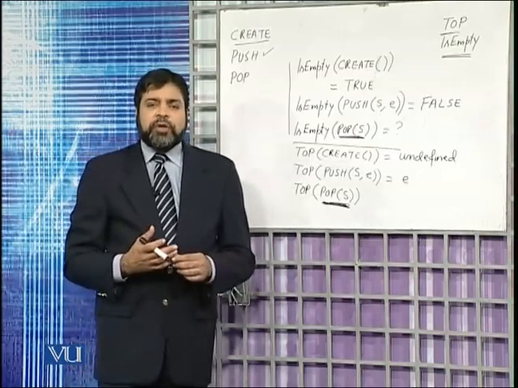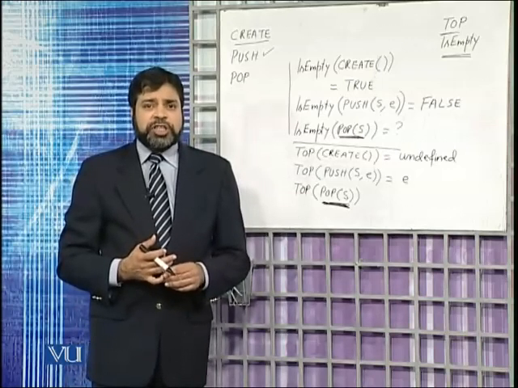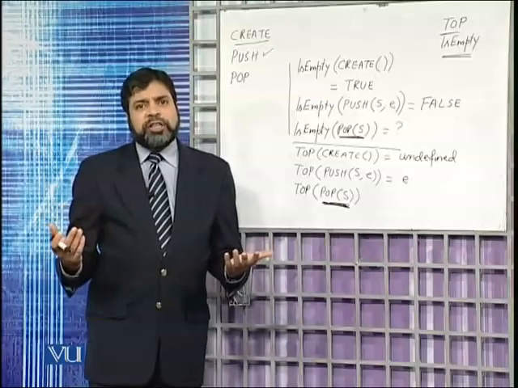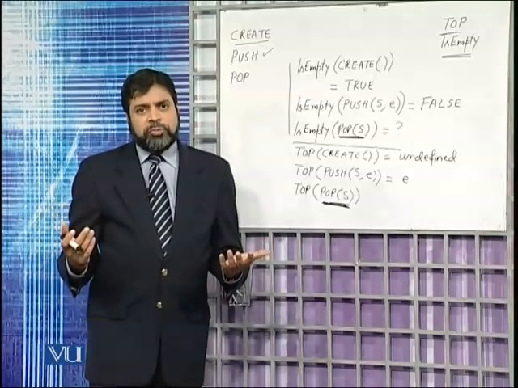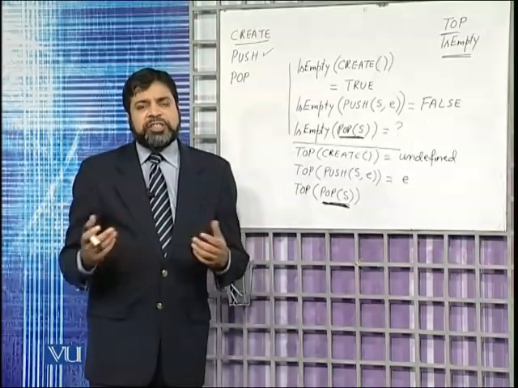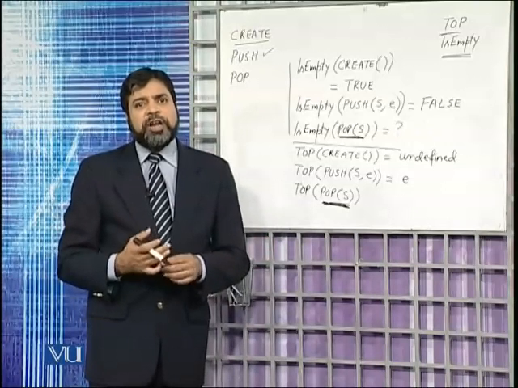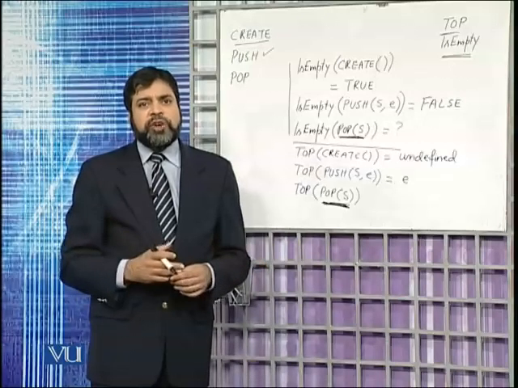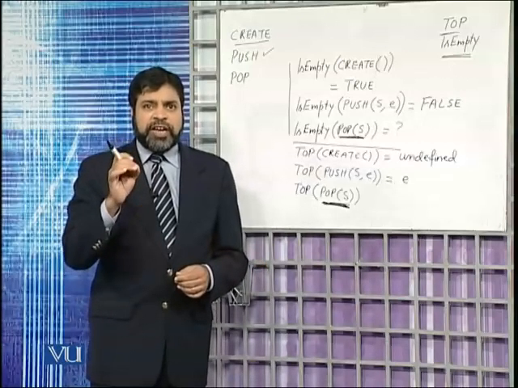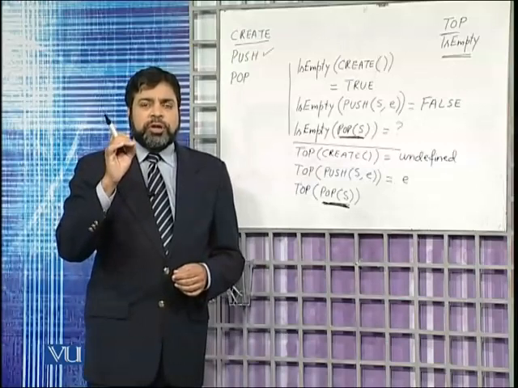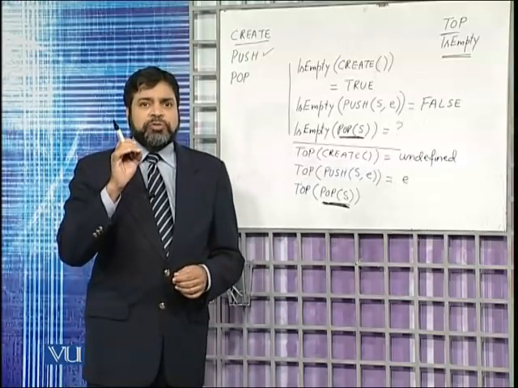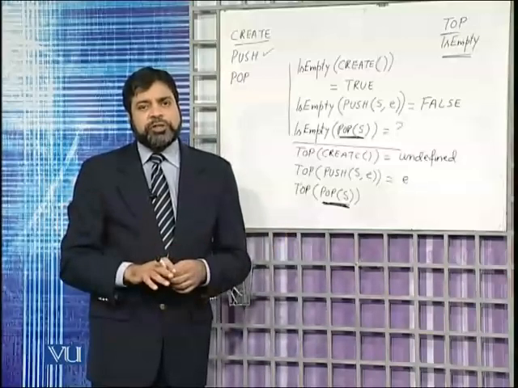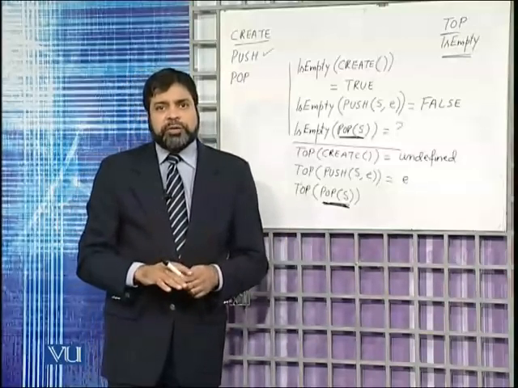That is, we will treat this pop just like the other inspectors, and we will write the axioms for pop in terms of create and push. So this is what we are going to do. We will write axioms in terms of create and push, the axioms for pop, and see whether we can find an answer to these questions. So let us try to do that.